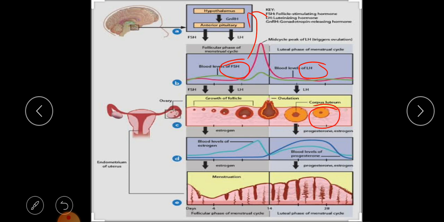Okay, so this is how the hormonal function takes place. If there is less progesterone, that basically ends the menstrual cycle and causes the process of menstruation, as long as no fertilization occurs. So this is how the hormone control takes place in oogenesis, that is, before ovulation and after ovulation.